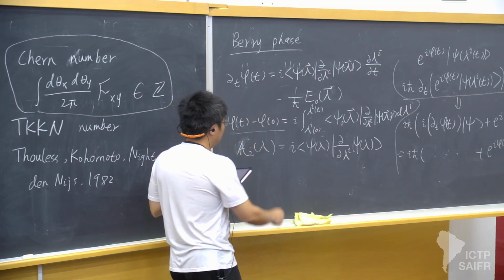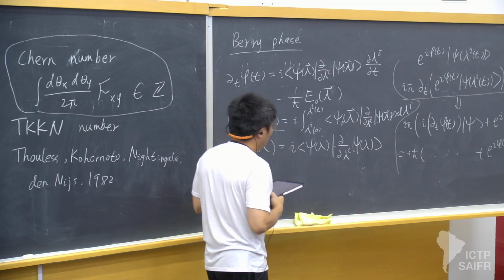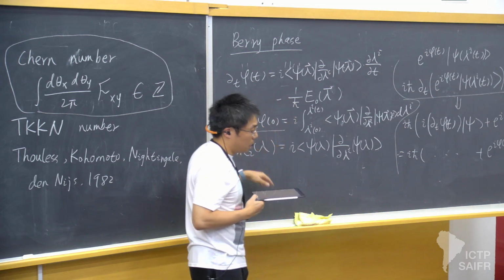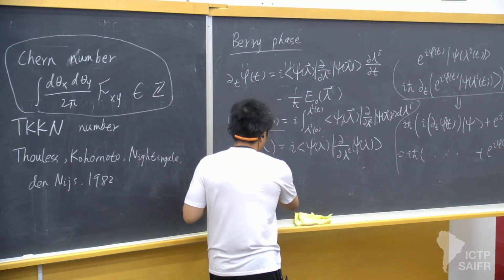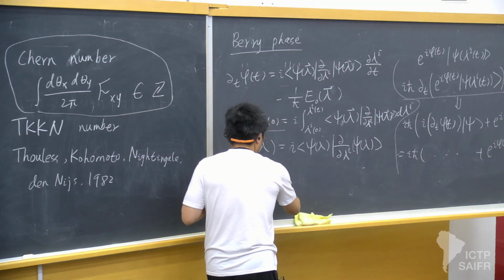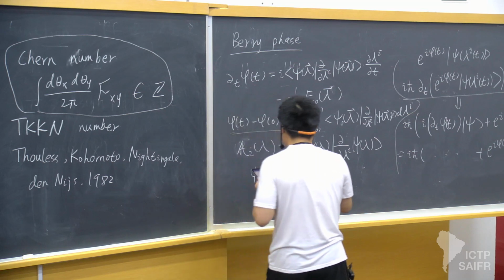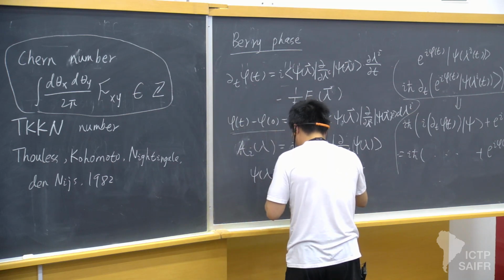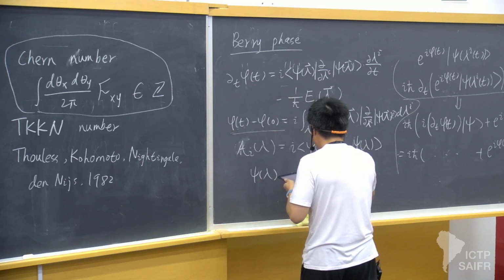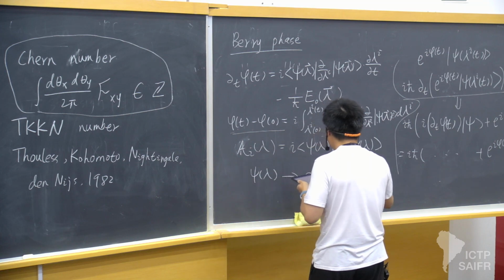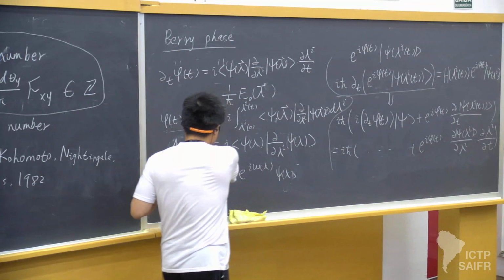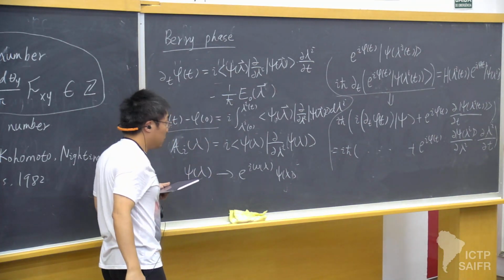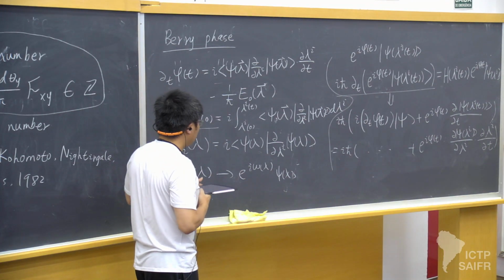You can further show that this Berry connection, just like the vector potential, is gauge dependent. You can redefine your wave function with some non-trivial phase factor that is lambda dependent, and then you can easily see that the Berry connection is gauge dependent.